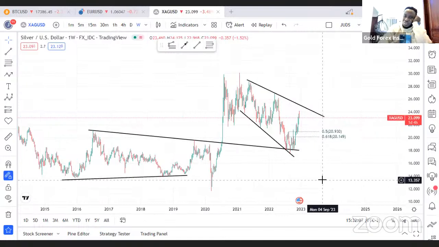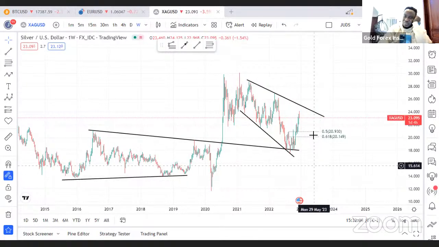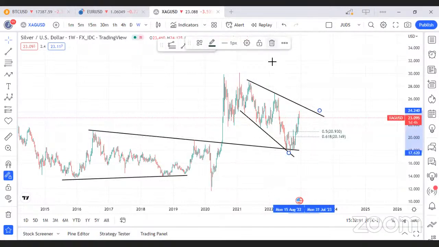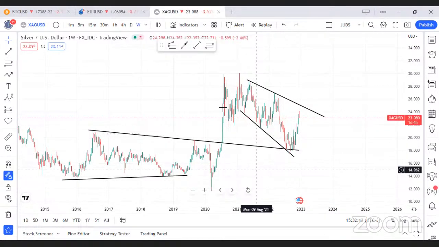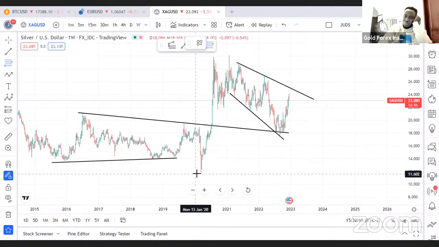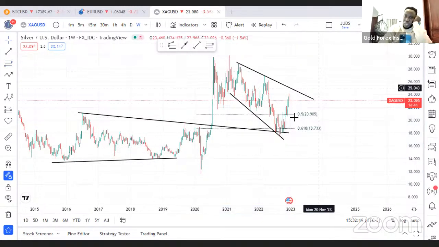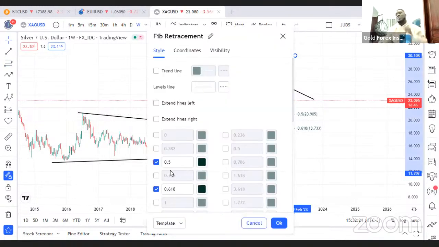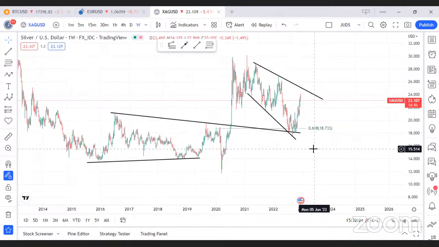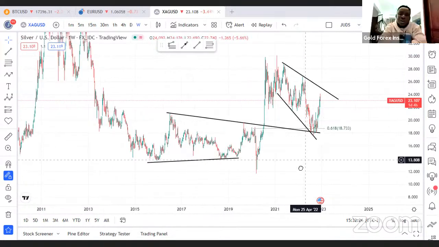Okay, so draw the fib level, let's see. From the impulse to the top. That's 61.8. You see, and possibly it might go up.